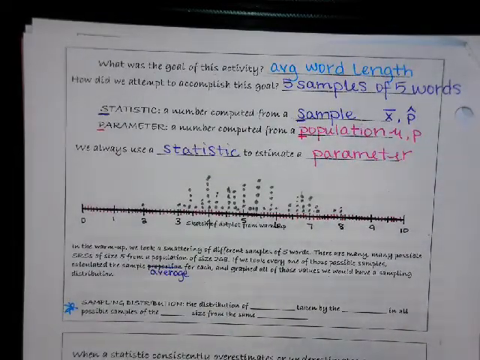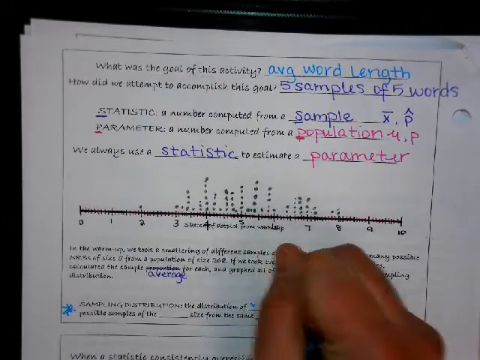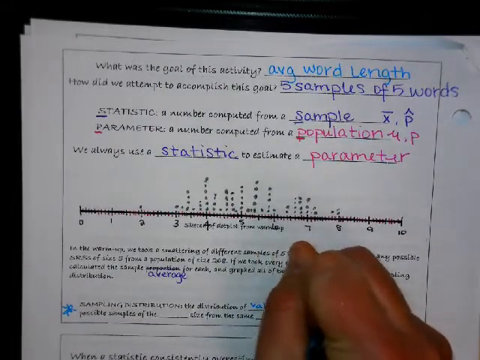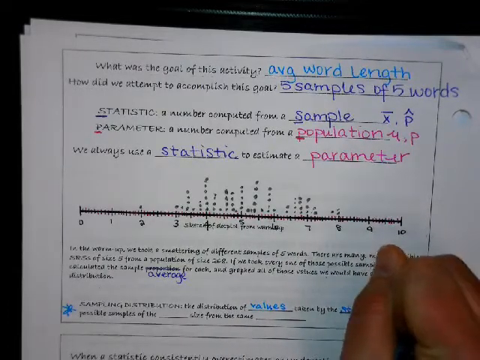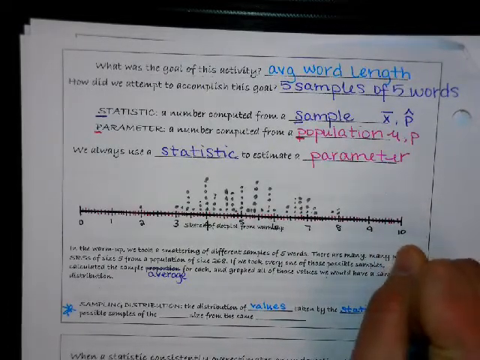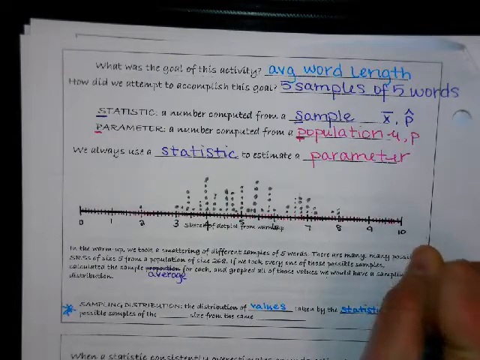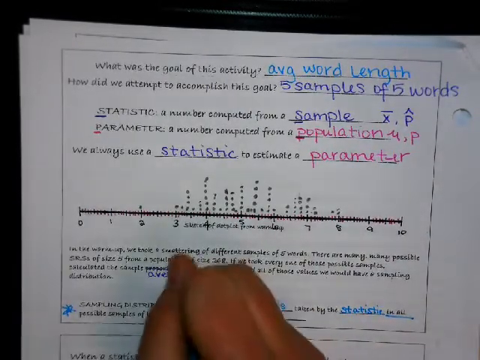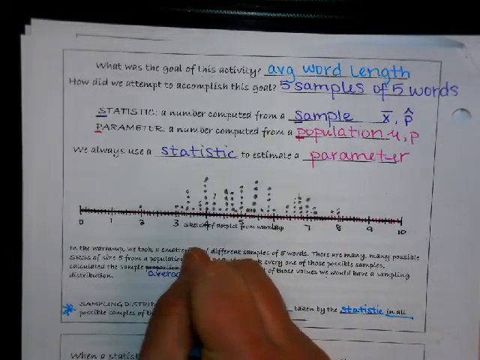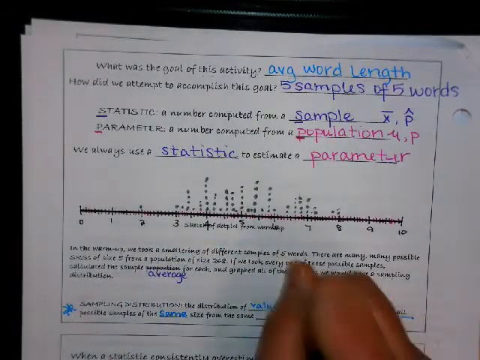So, sampling distribution, here's our definition. It's the distribution of values taken by the statistic in all possible samples of the same size from the same population.